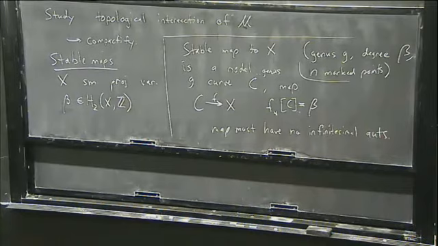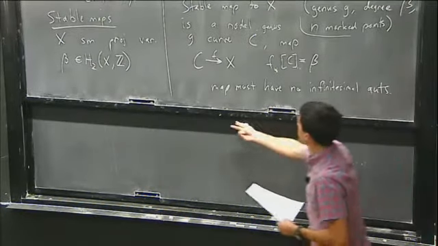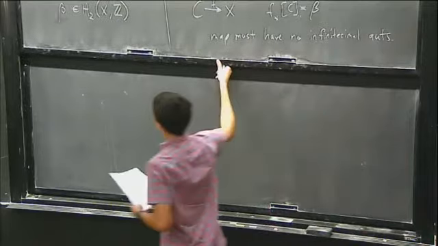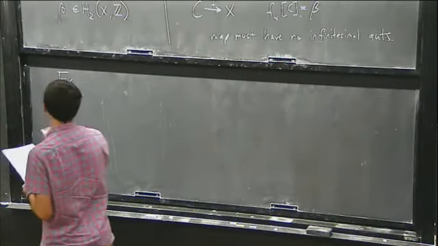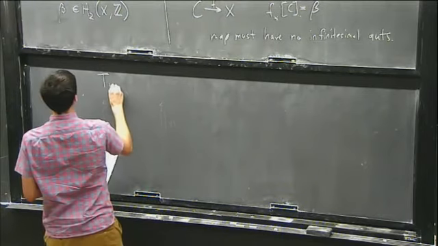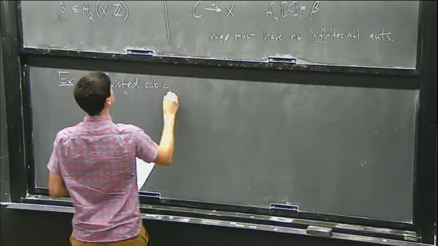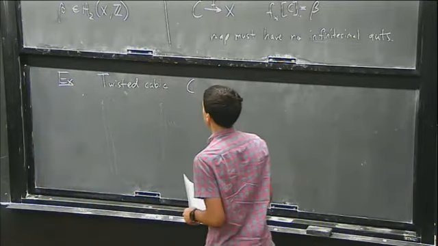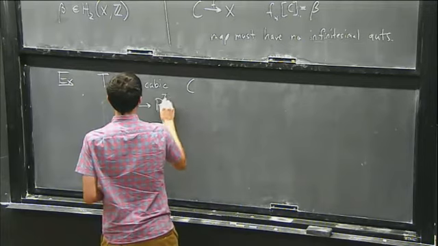Okay, so this is a bunch to digest. So let me just write down a couple of examples. So first of all, this is supposed to be related to this twisted cubics problem. So if I have a twisted cubic C, then the inclusion from C to P3 is a stable map.